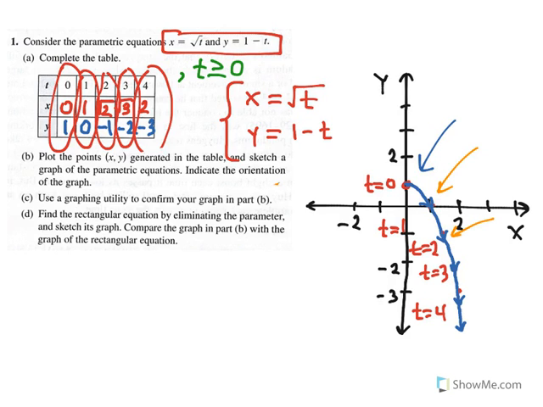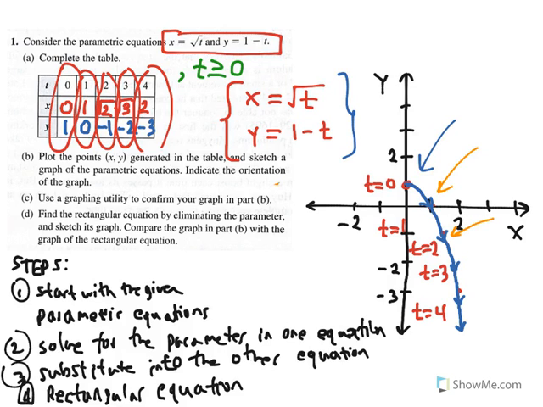So find the rectangular equation by eliminating the parameter. Basically, the objective is to combine these two parametric equations into one rectangular equation by eliminating the parameter. And then that would allow us to maybe sketch the graph more easily.